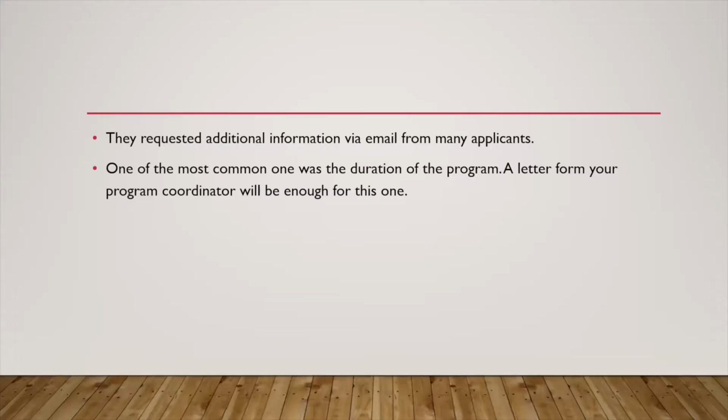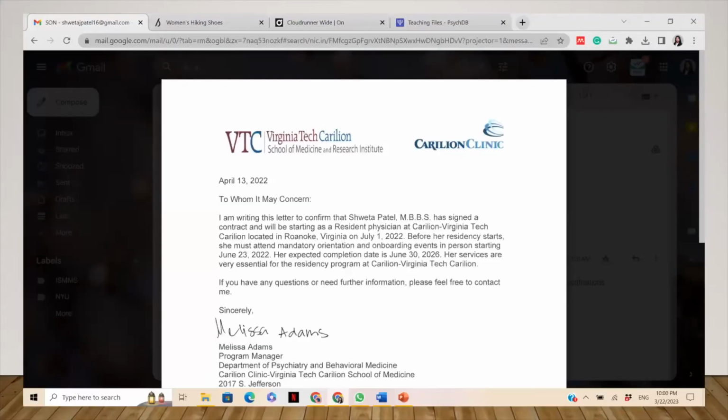So one of the most common questions was, your application is mentioning this many years, but your contract is mentioning only 1 year, please explain this. For this, I asked my program coordinator to just type up a letter saying that this program is 4 years and they just issue the contract for 1 year. And this is the letter that they sent me.